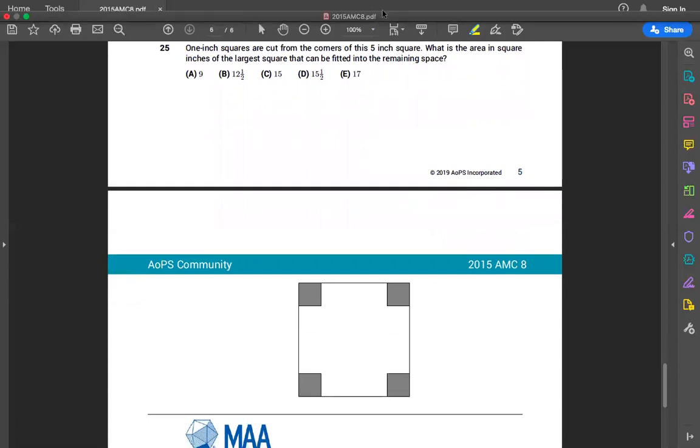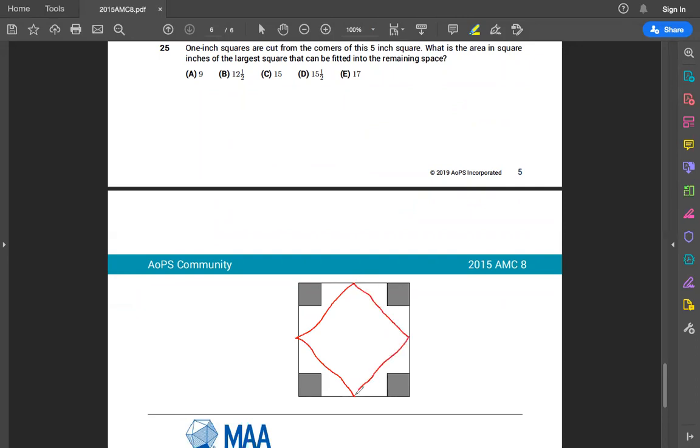So if we do some experimenting, we might first try to go for like a diagonal sort of square. Pretty bad square. But this actually isn't the biggest that we can get.